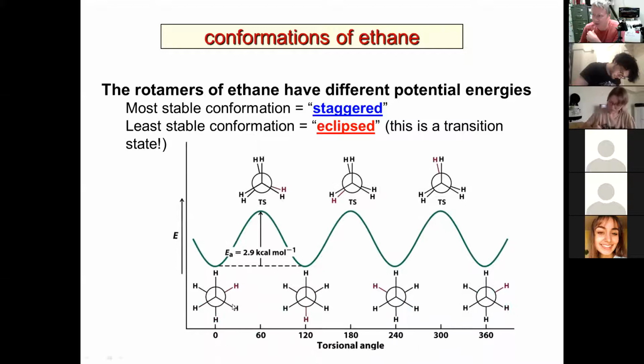Now this just shows it in an energetic depiction. So we see the staggered down here. And there's a little bit of an energy barrier as you go from this staggered to the eclipsed, down to the next staggered, up to the eclipsed, down to the next staggered, up to the eclipsed.